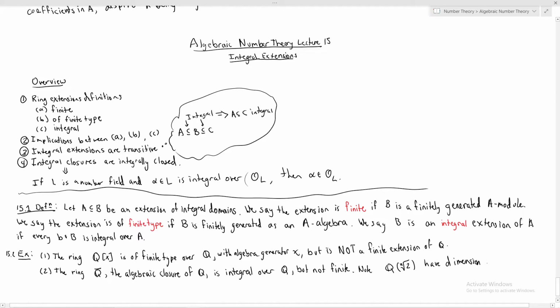Yeah, this should have dimension n, and is a subspace of Q bar. Thus Q bar over Q cannot be finite dimensional, since it has a subspace of arbitrarily large dimension.